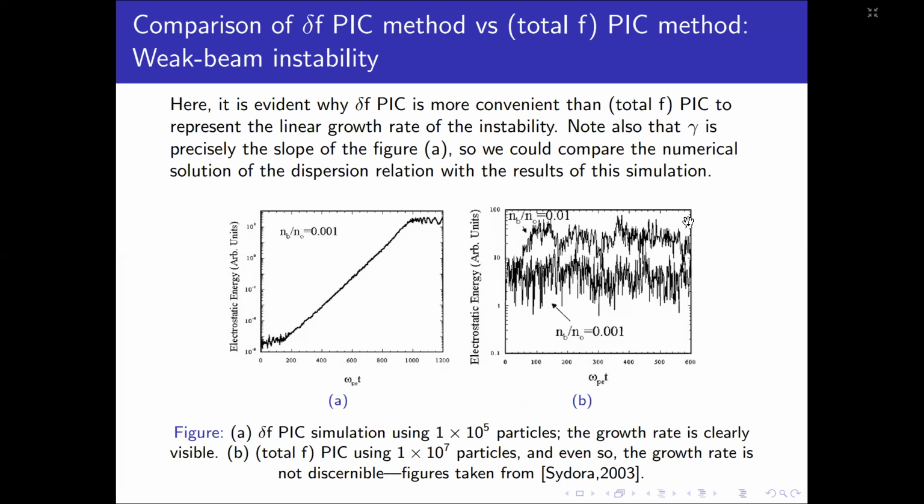Now, some of you, maybe with a keen eye, will notice that, for example, in this case, the delta F particle in cell, we performed this simulation for around 1,000 time steps, okay? Instead of the 600 or more or less time steps in the total F particle in cell. And maybe you are wondering why. Well, the reason is that in this simulation with the delta F particle in cell, this is a nonlinear simulation.